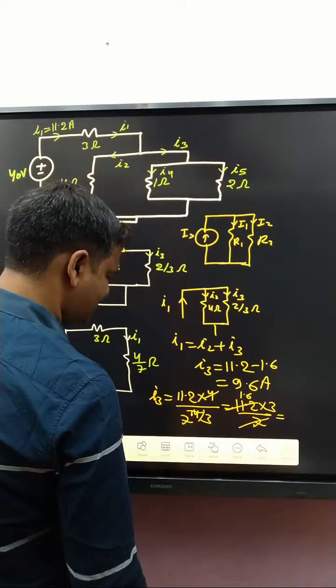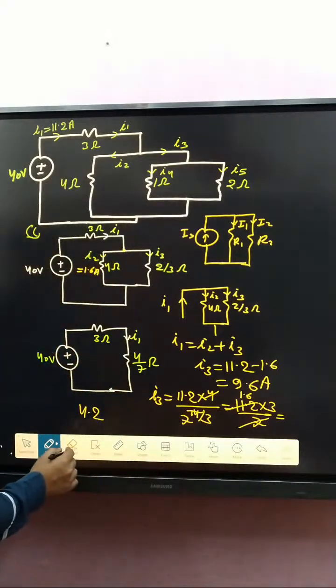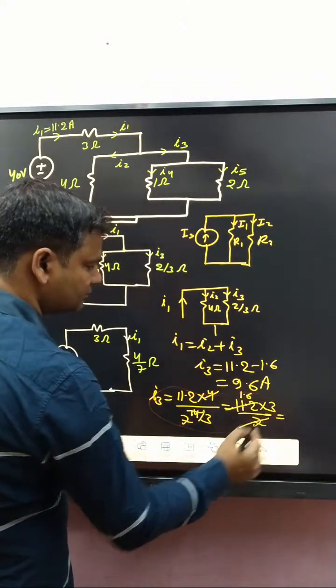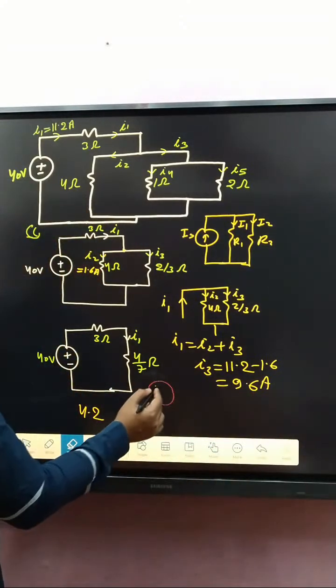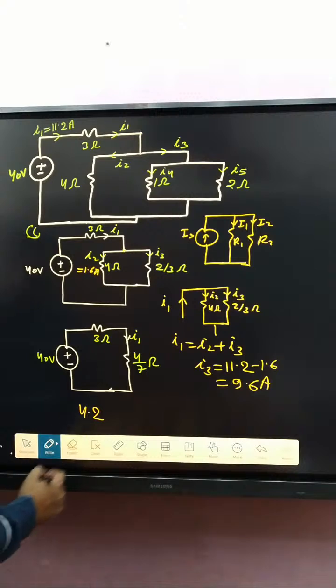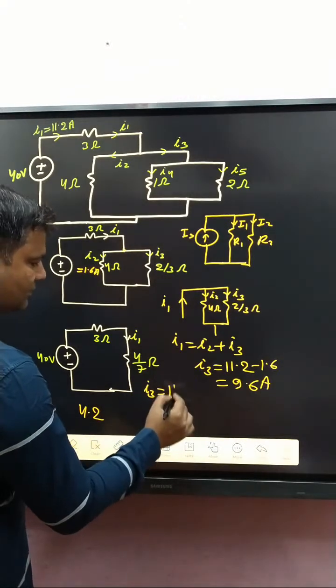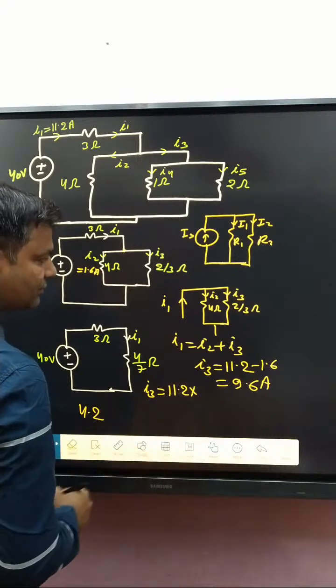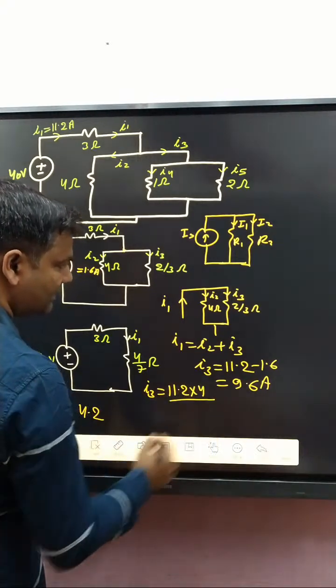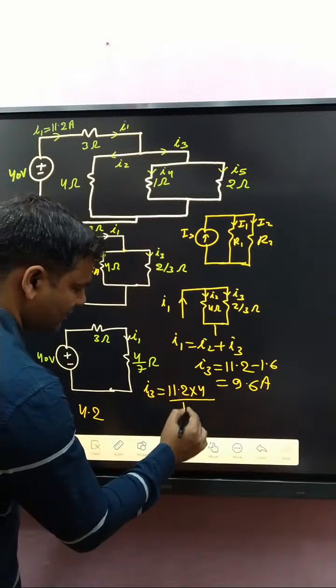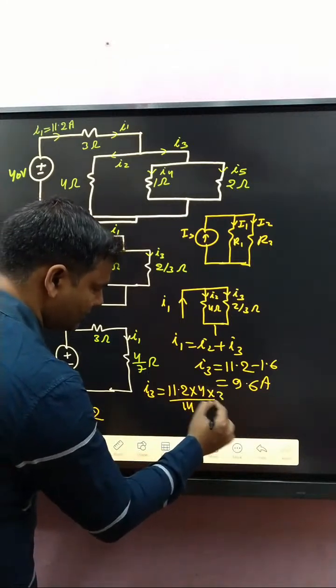Wait. Recheck again. If you apply I3, it means 11.2 into 4 divided by 4 plus 2 by 3, that is 12 plus 2 over 3, that is 14 by 3, the 3 going away here.